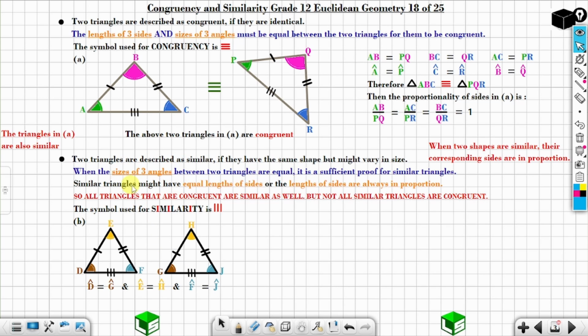You only need to check the sizes of the 3 angles in one triangle as compared to another triangle.